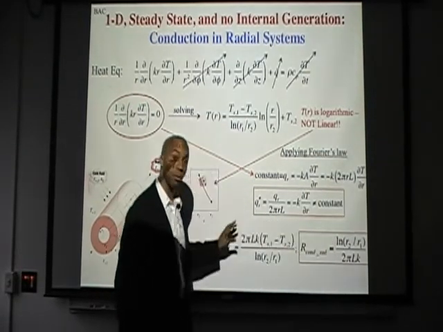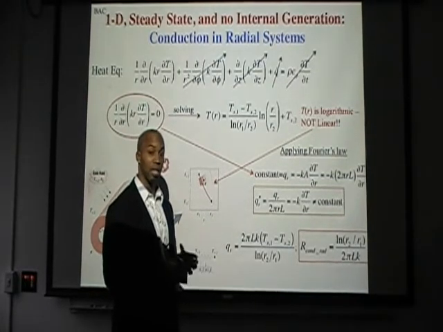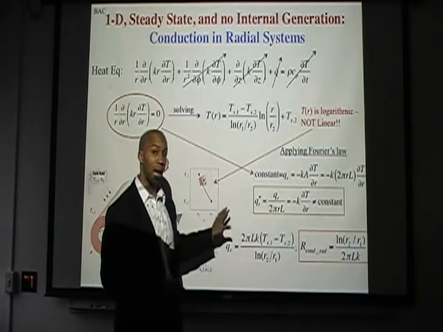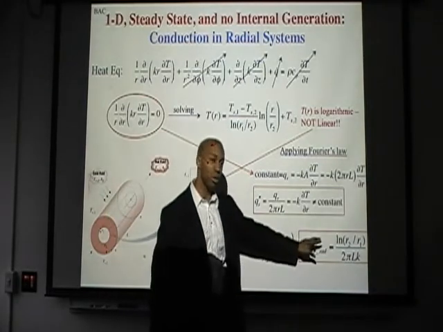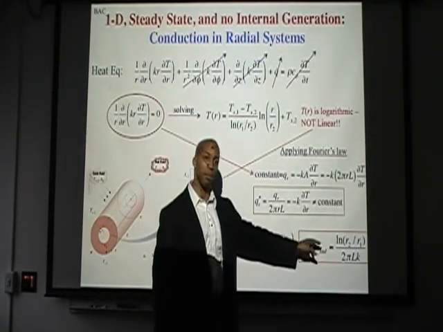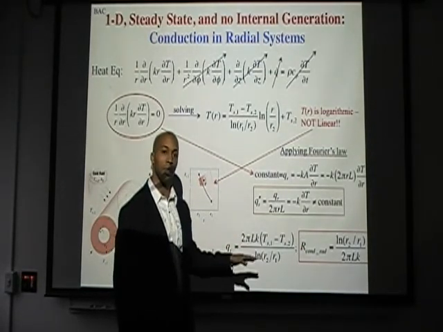So if you have a problem with a cylindrical coordinate system, you can't take the conductive resistance for 1D, L over kA, and apply it. It doesn't work here. The one that works here is the one that's specific for radial conduction, where a logarithm shows up in the numerator, and then your thermal conductivity, just like the other one, shows up in the denominator.